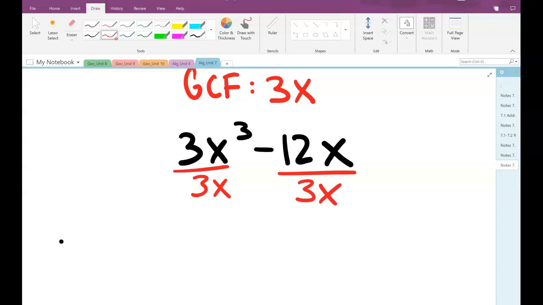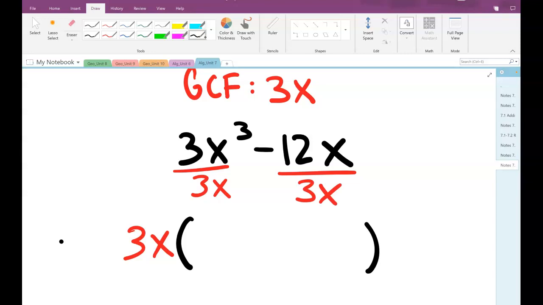And then our last step is to write it in factored form. So we put our greatest common factor out in front. And then we fill in our parentheses with what we're dividing by. What's 3x to the third divided by 3x? Well, 3 divided by 3 is 1, so we're going to have a coefficient of 1. What do we do when we're dividing exponents?